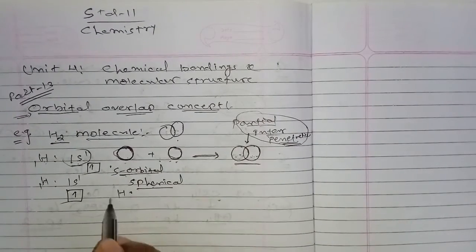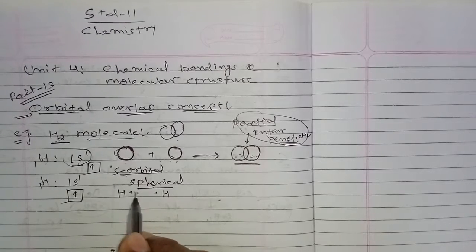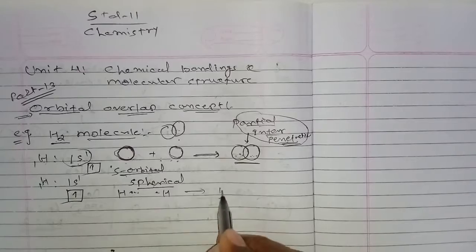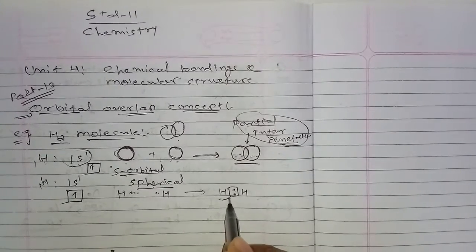Here the hydrogen atom has a single electron, and they are paired.